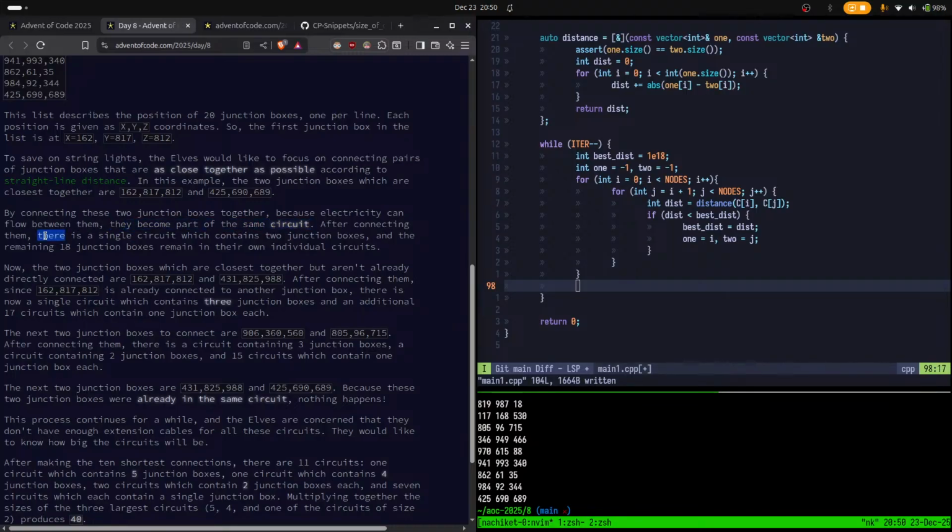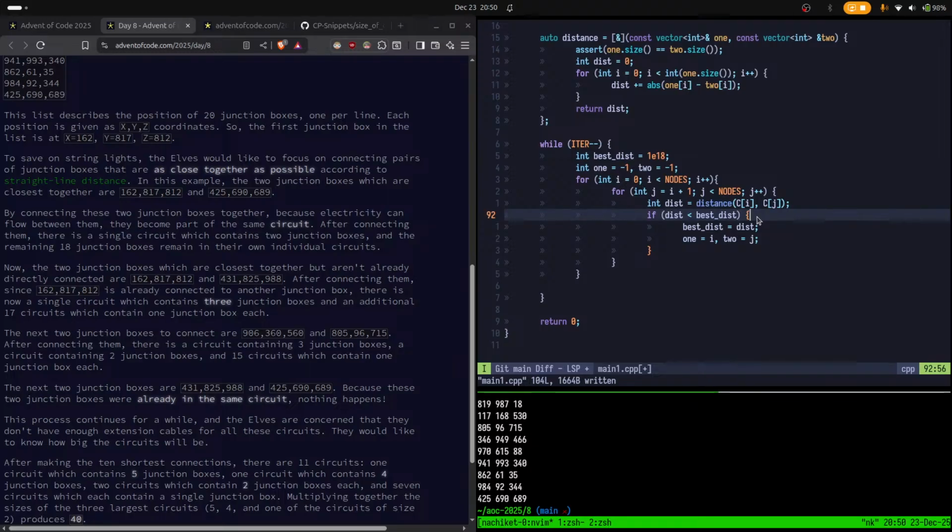The circuit after connecting them. Boxes that are closest together but aren't already directly connected.